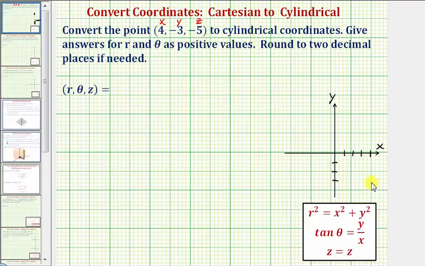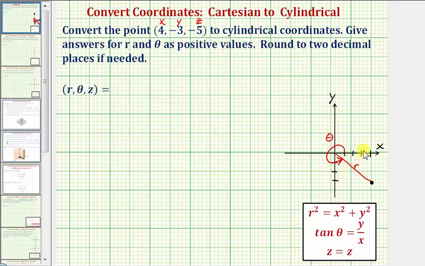So this would be the point 4, -3 in the xy plane, and therefore this distance here would be r, and then angle theta would be any angle that terminates along this side. But since we're looking for a positive value for theta, the least positive value for angle theta would be this angle here.